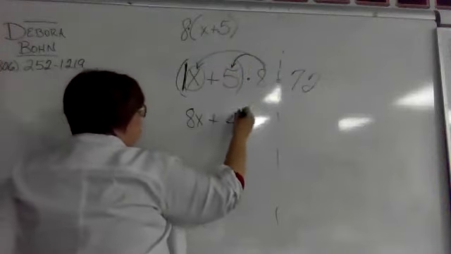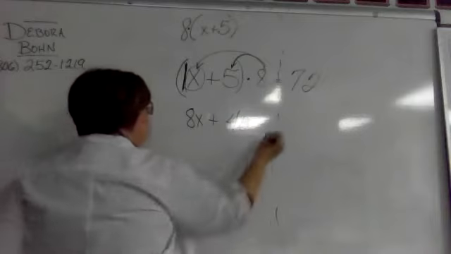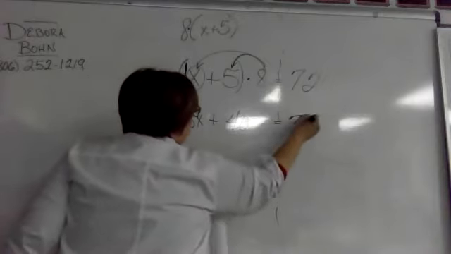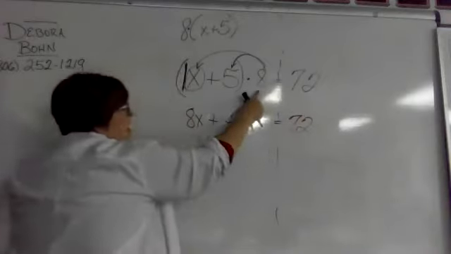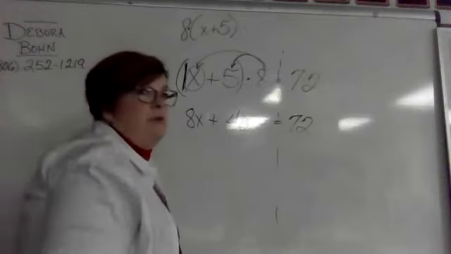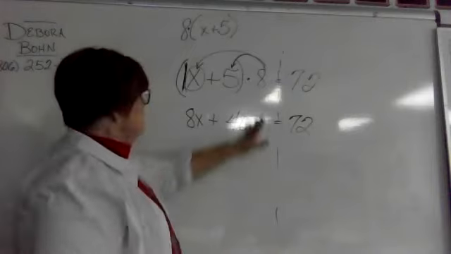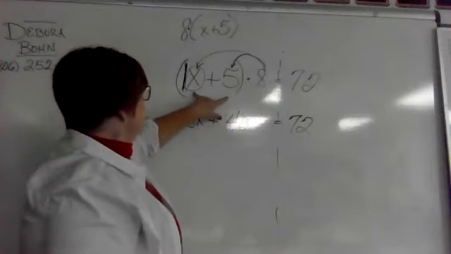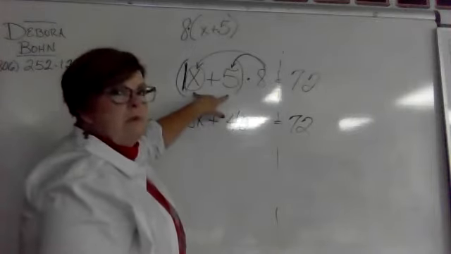So 8 times 5 is 40. And then we write down the rest of the problem. Now notice that you did not take 8 times 72, because it's not in the parentheses. So we only take 8 times the stuff that's in the parentheses and then stop.